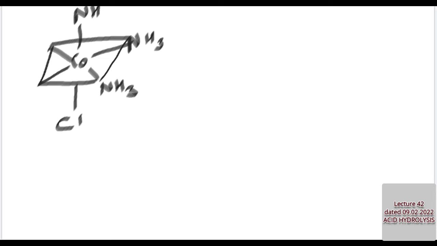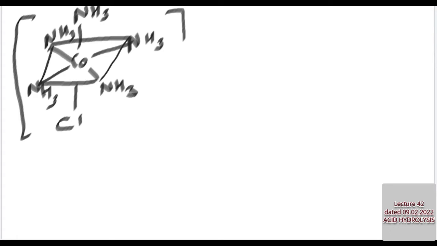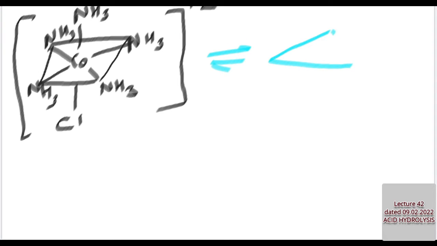NH3 molecules are neutral and chloride carries a -1 charge. Cobalt carries a +3 charge. So the resultant complex has a charge of +2. It is our reactant, and this reactant will undergo dissociation to produce a 5 coordinated intermediate.